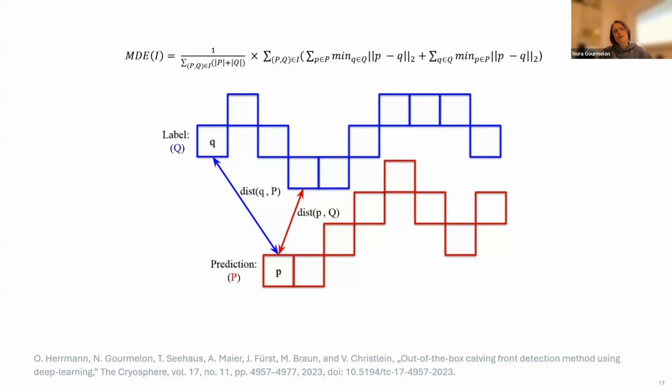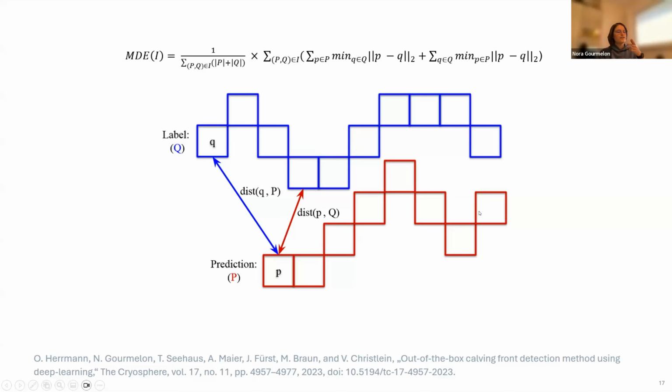The metric that we want to optimize is the so-called mean distance error. That is computed by looking at each pixel of our prediction, so here that would be in red. And we search for the closest pixel in the label, so in the ground truth, and calculate the Euclidean distance to that pixel. We do that for every single pixel in our prediction.